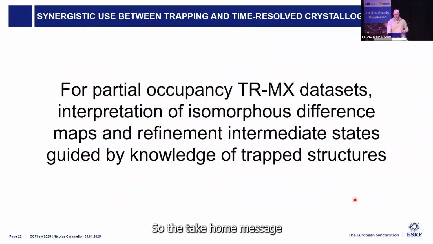So the take-home message is that knowledge of previously trapped structures tremendously helps the analysis of isomorphous difference maps and the refinement of these partially occupied reaction intermediate states in time resolved experiments.